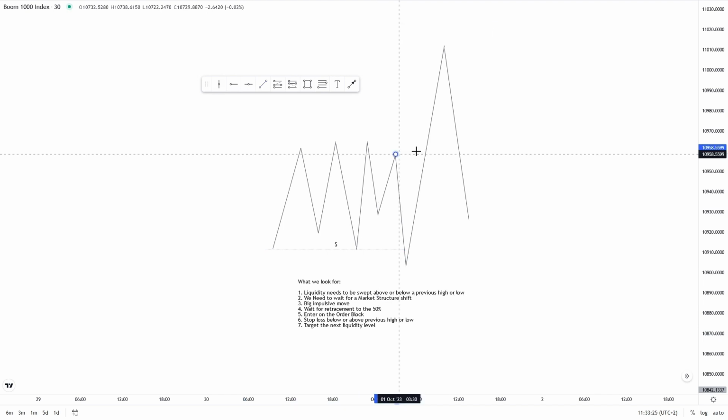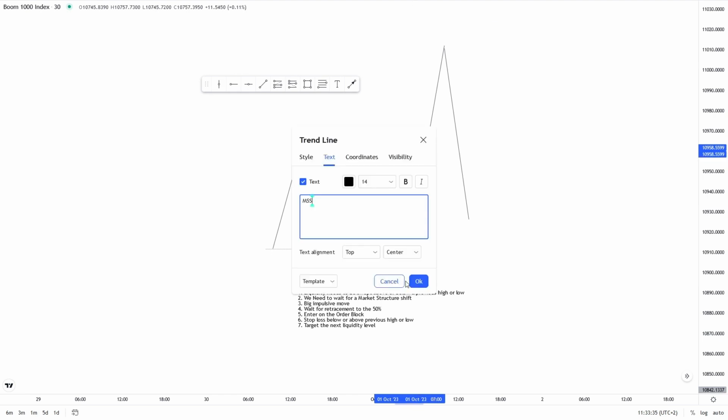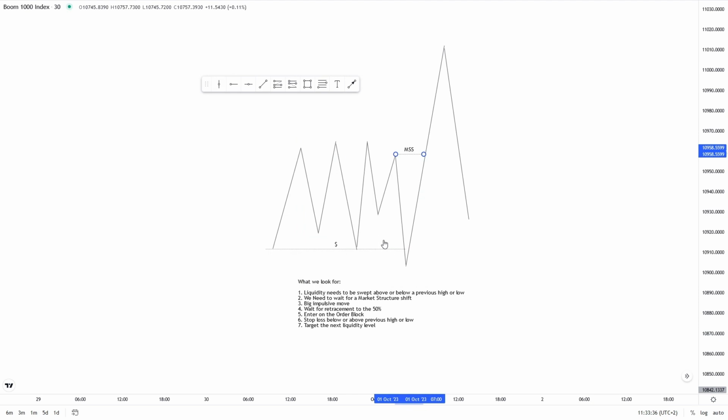So this is where the market structure shift is happening. Right here. Okay, there needs to be a market structure shift with a big impulse move to the opposite direction of where the liquidity was swept. Now you wait for a retracement to the 50%.